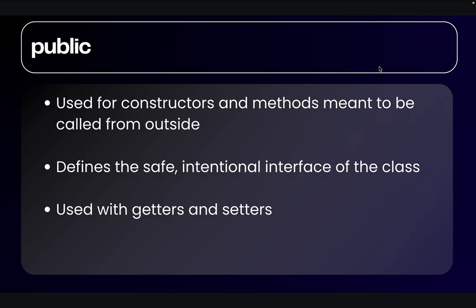This is just creating a safe spot for your class to work without having to worry about it being impacted by sudden changes or invalid states. So this allows you to use the class freely but still protect it in a way. And this is commonly used with your getters and setters that we will cover in a few.